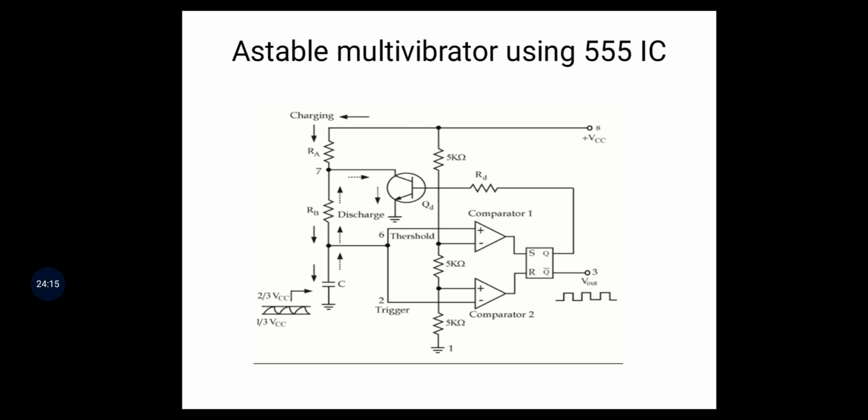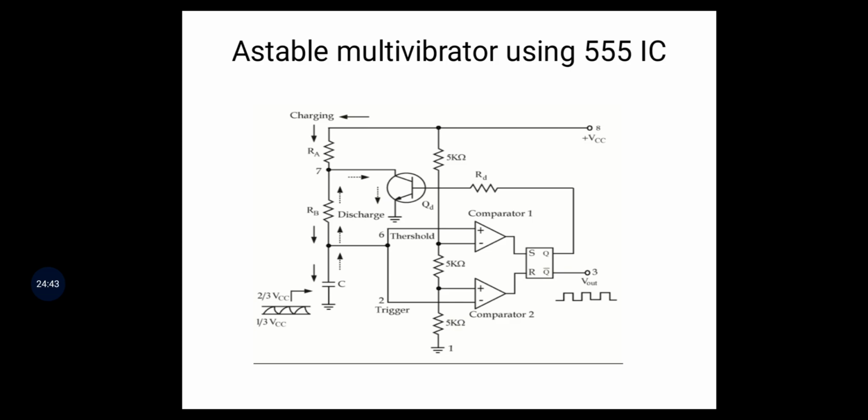This path is shown by dotted arrows. Thus, the discharging time constant is RB times C. When the capacitor voltage becomes less than 1/3 VCC, comparator 2 output goes high, resetting the flip-flop.